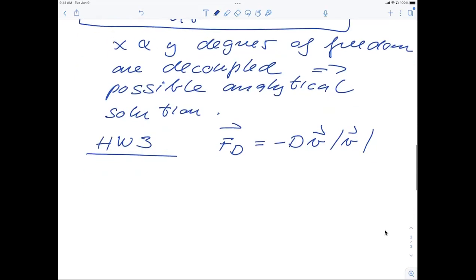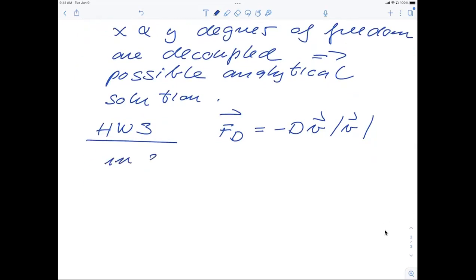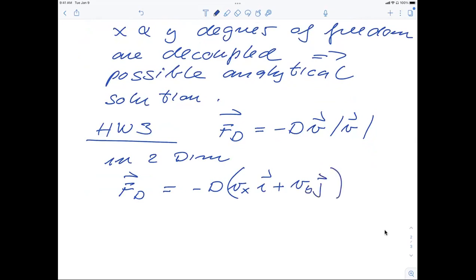Because the force in 2 dimensions, F of D, is going to be equal to minus D times Vx times i, plus Vy times j, multiplied with the absolute value, which is actually the square root of Vx squared plus Vy squared.